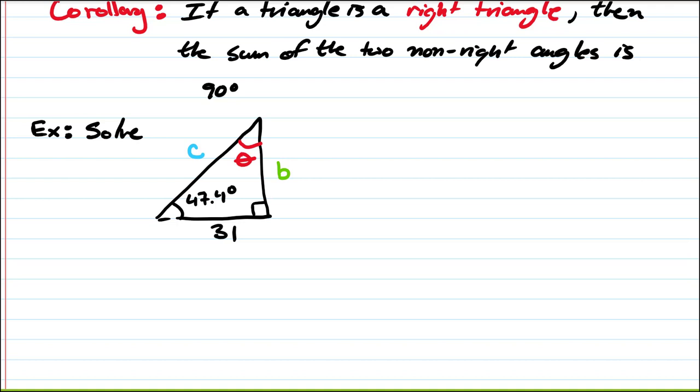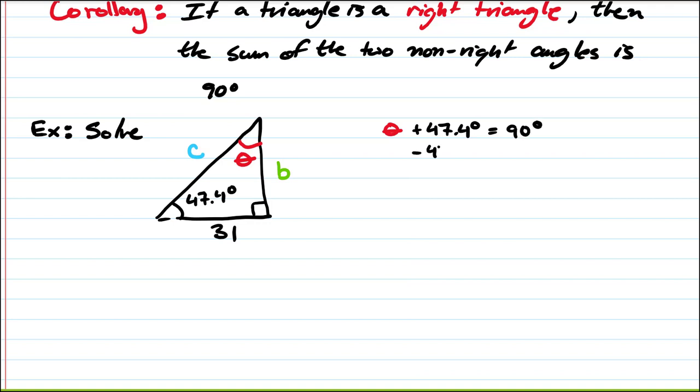Well, if we're trying to find the angle theta, we know that theta, from our corollary above, plus 47.4 degrees has to equal 90 degrees.